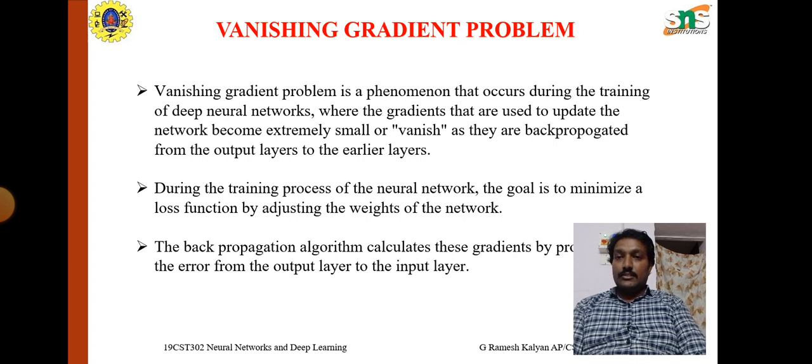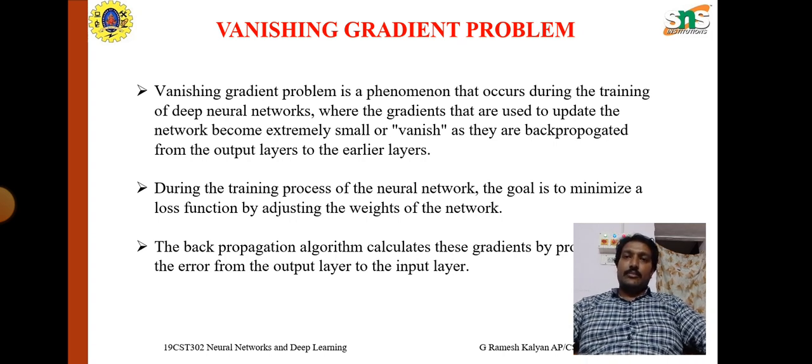During training, the goal is to minimize the loss function by adjusting the weights of the network, and the backpropagation algorithm calculates these gradients by propagating the error from the output layer to the input layer.